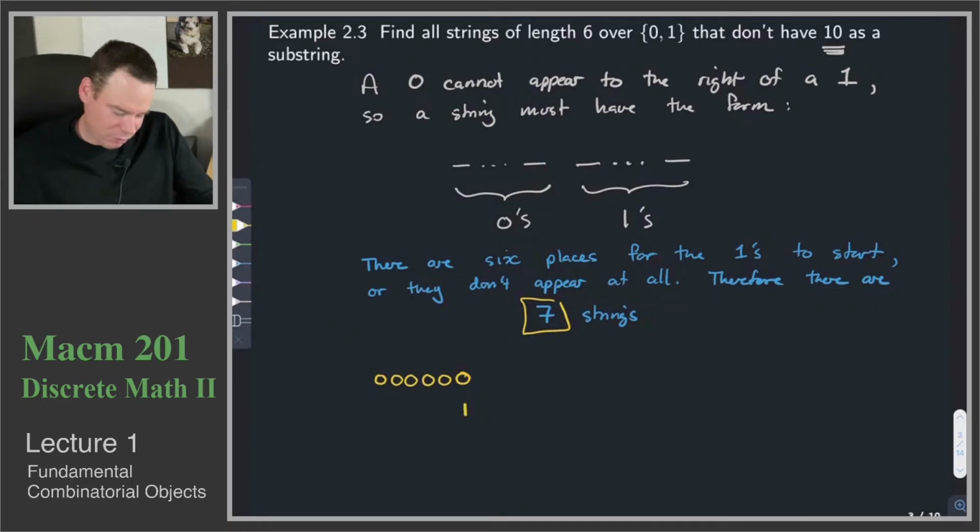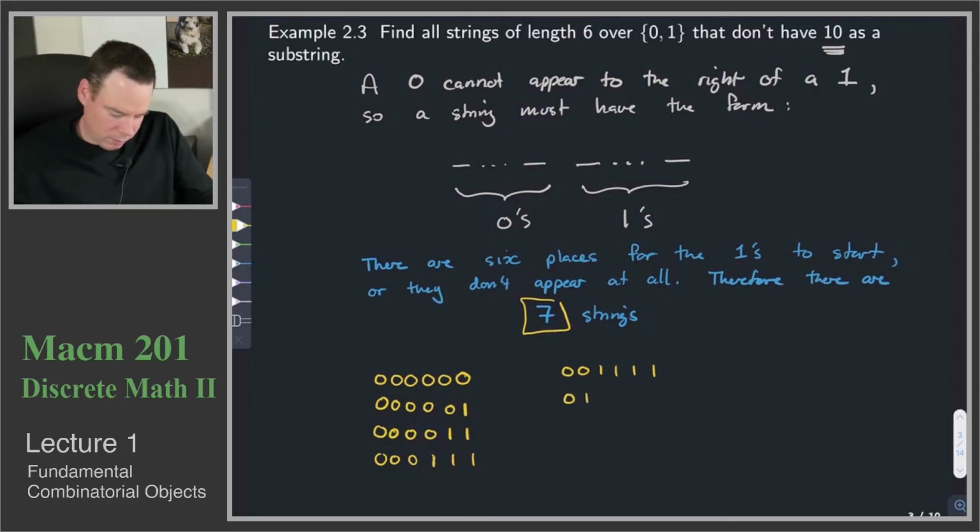Or the first occurrence of the 1 appears here in the 6th spot, in which case it's all zeros before. Or the first occurrence of a 1 appears in the 5th spot, in which case there's 1s after it and zeros before it. Or it appears in the 4th spot. Or it appears in the 3rd spot.